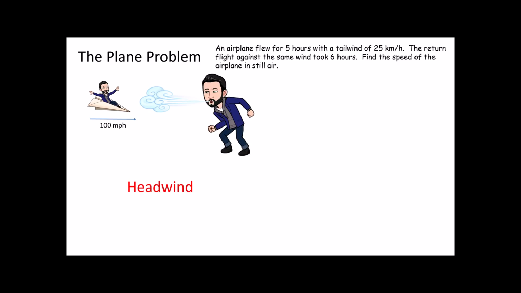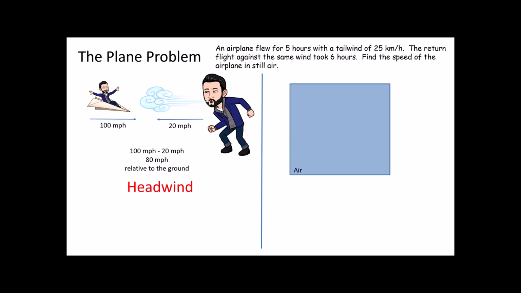How headwind works is, if I have a plane that's going 100 miles an hour and the wind is blowing towards the front, the head or the nose of the plane, at 20 miles per hour, then the wind is slowing the plane down. My actual speed is only 80 miles per hour. Or another way to think of that is this.